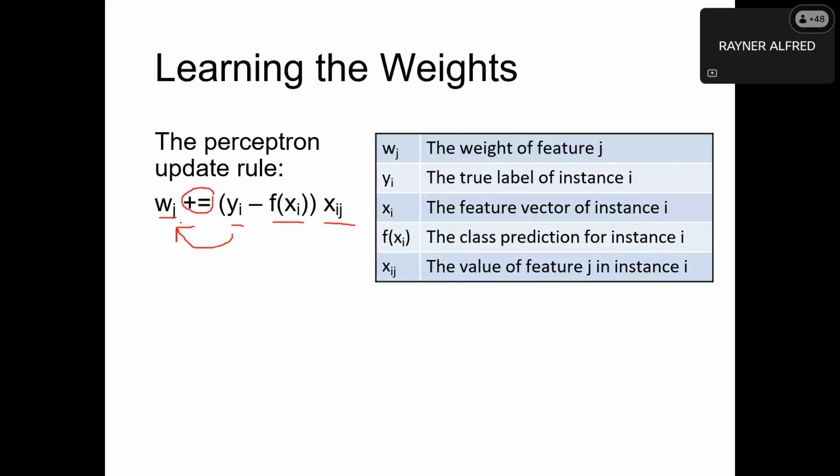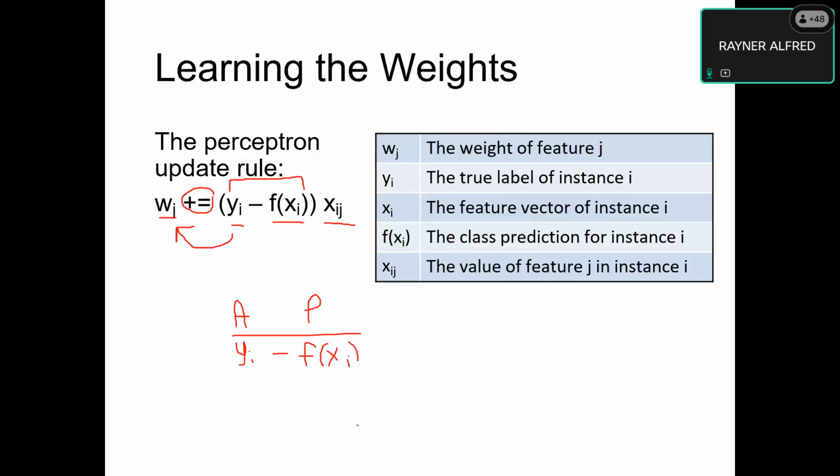Okay. So if we take this formula here, this is your actual, right? And this is your predicted one, and this is minus, and this is the output, the predicted one.